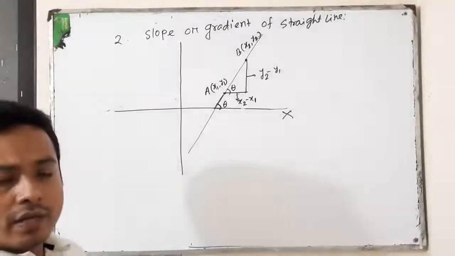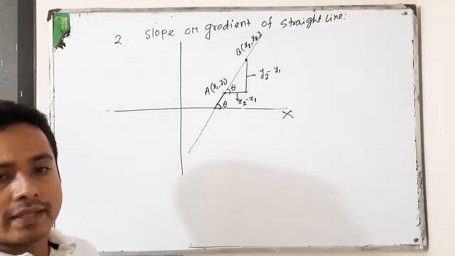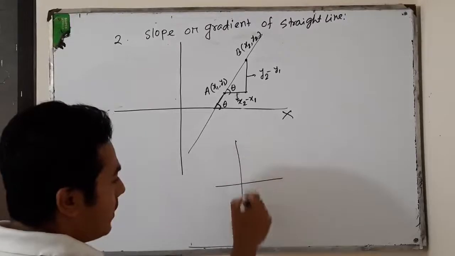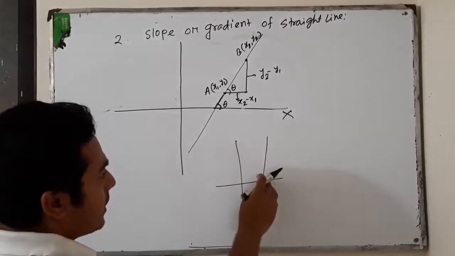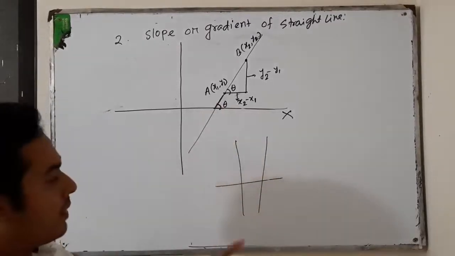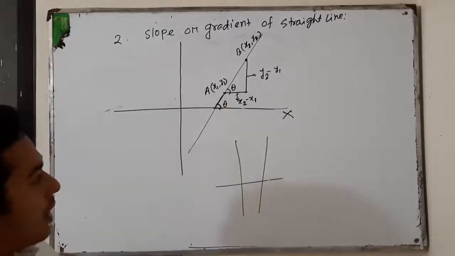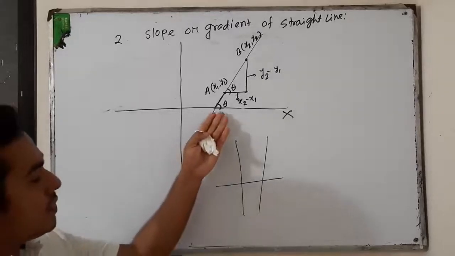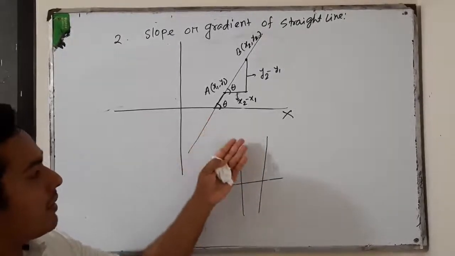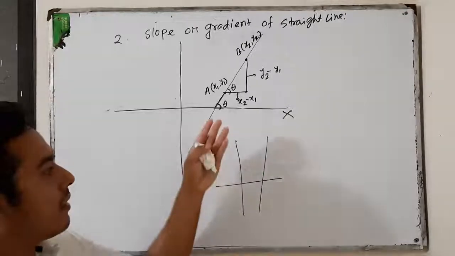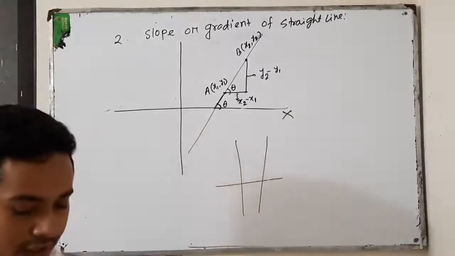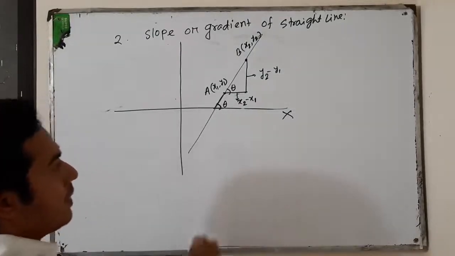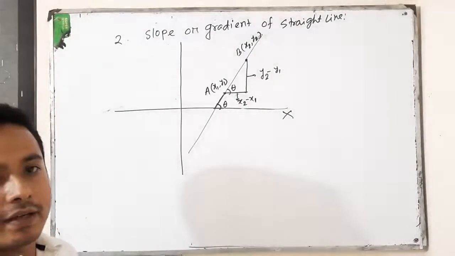That means the inclination about the x-axis. You can say the slope of this angle and this angle are not equal. If you observe the two straight lines in the two figures, their inclination, their turning about the x-axis, are not the same. Okay, but how can we find the slope of a straight line?